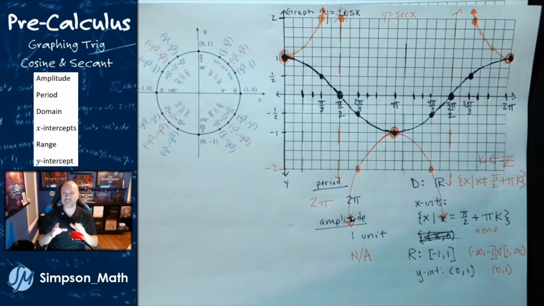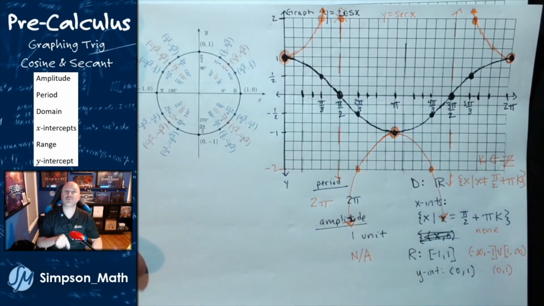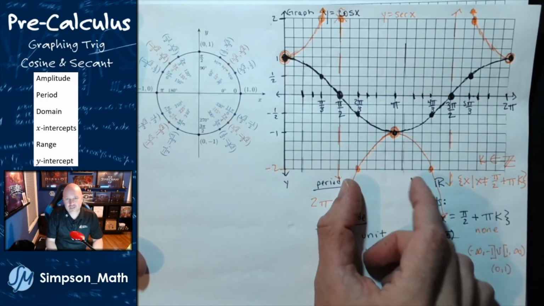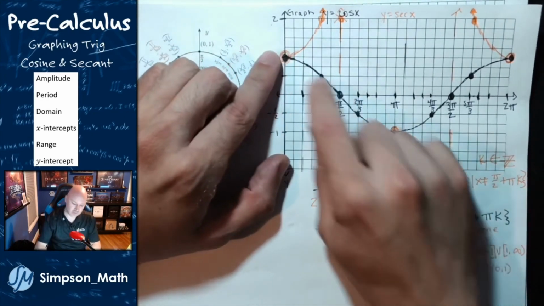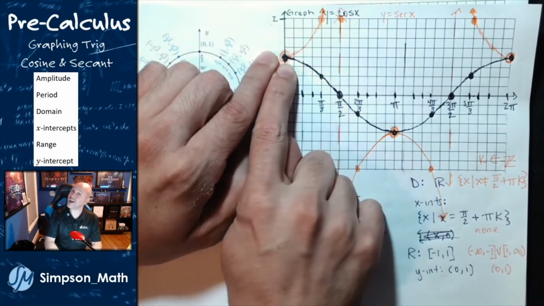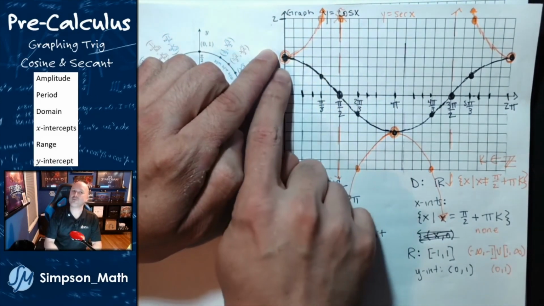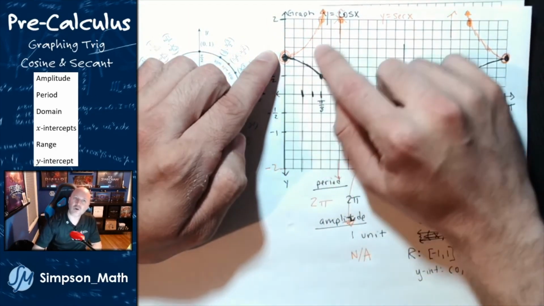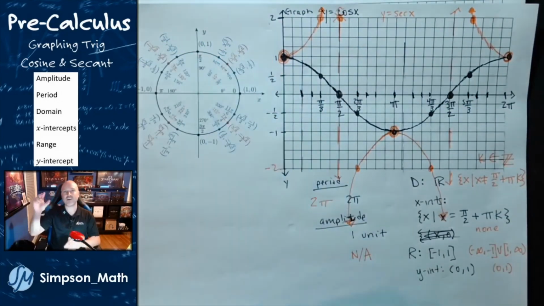Another half of my students, they tilt their head the other direction, and their eyes gloss over, and they instead are picturing the graphs. They've graphed these parent functions so often, they have the shape memorized, and so they know, oh yeah, cosine starts high, so cosine of 0 is 1. And then secant will go up like that. So they have the values memorized that way. You should work on both.